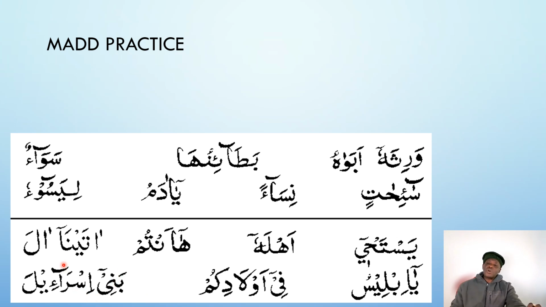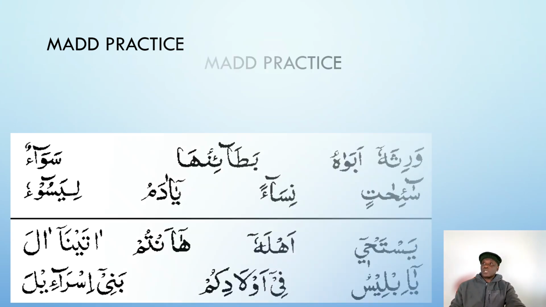Bani Israel. Bani. This is Bani, noon with mad. Bani Israel. That's how you use this in the Quran, so that it's easier for you to start practicing how to recite the Quran nicely.